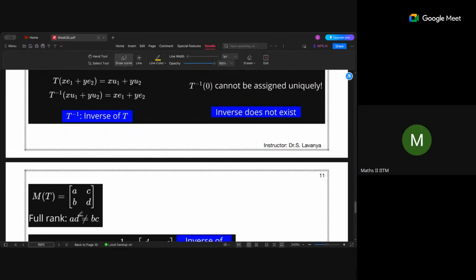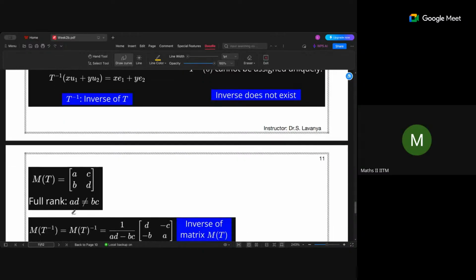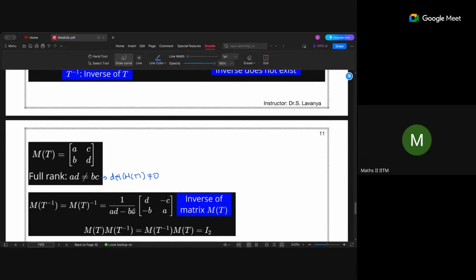If you have this matrix representation and AD minus BC is not equal to 0, which is the determinant, then the determinant is non-zero, and you can find the inverse of the matrix in this way. Here, this is the determinant.